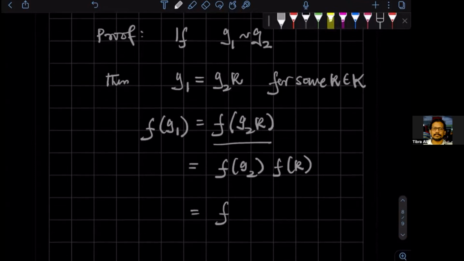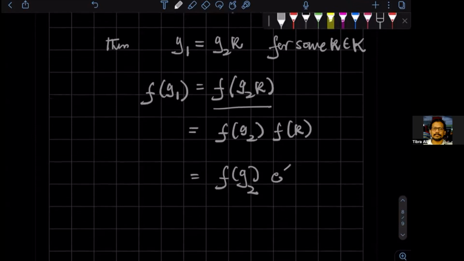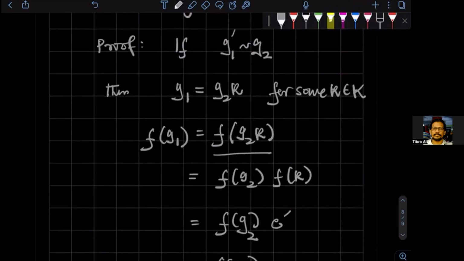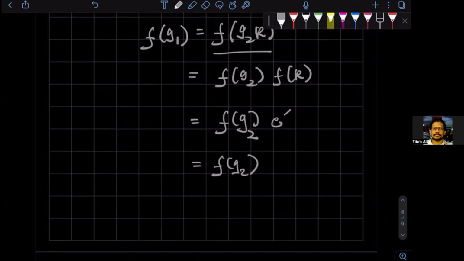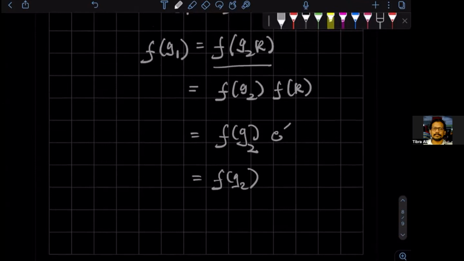But f of k is E prime. So E prime times f of G2 is just f of G2, right? So we see that if G1 and G2 are equivalent, that is, they belong to the same coset, then they map onto the same image in the image of f. Okay, any questions?